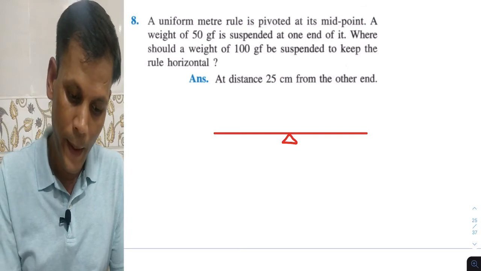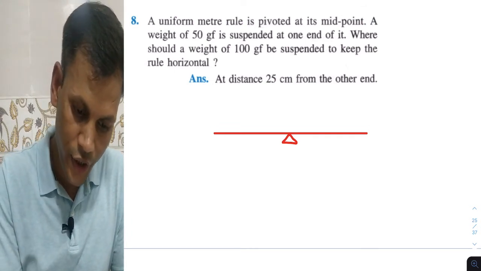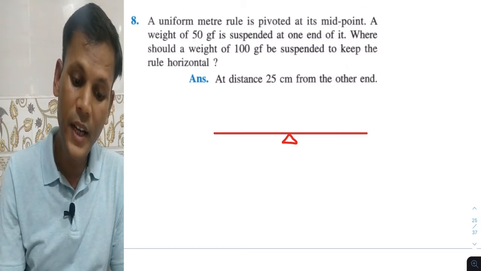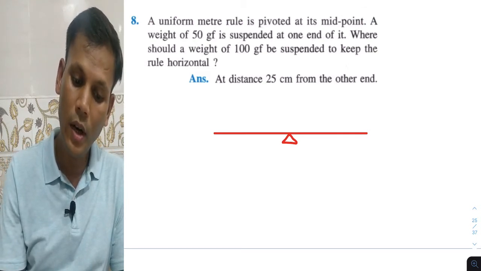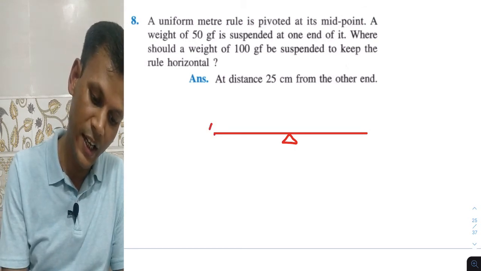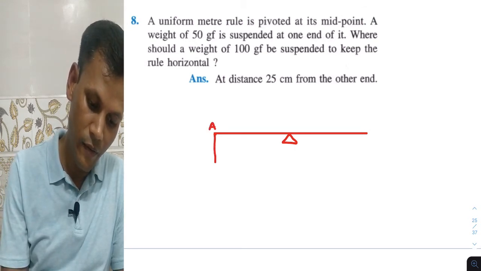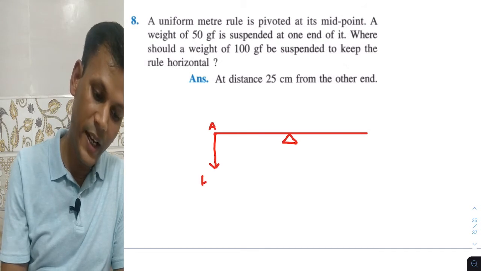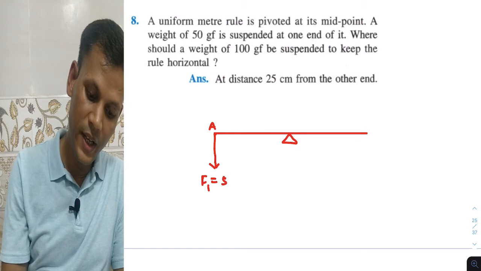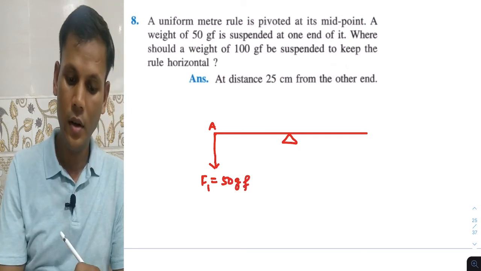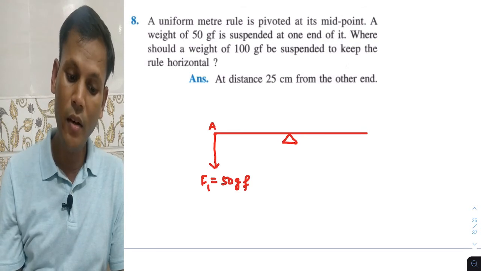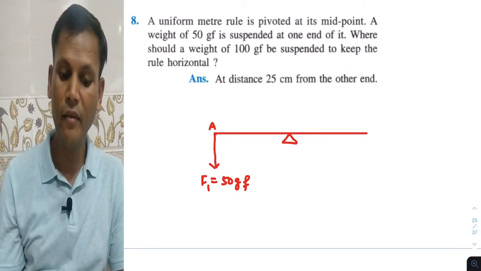Let us see. According to the given condition, a weight of 50 gram is suspended at one end of it. I will take this end as A. Here a force of 50 gram force is given, F1 I will say. Where should a weight of 100 gram force be attached?